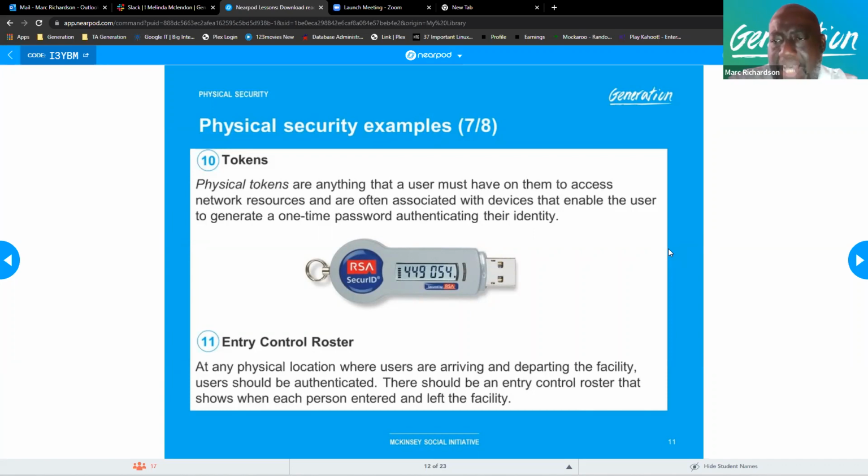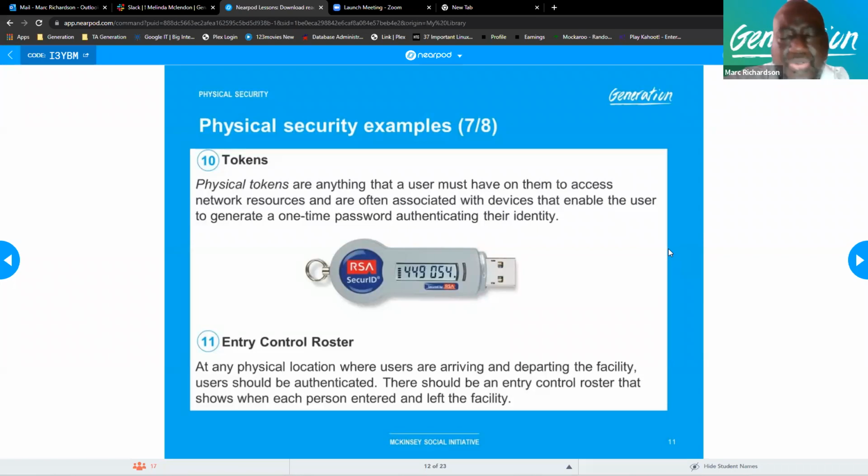That's why you have to sign in when you come in and sign out later on. Your access throughout your day is tracked as well. Wherever you are using your ID badge or your token, it tracks where your activities are during the day.